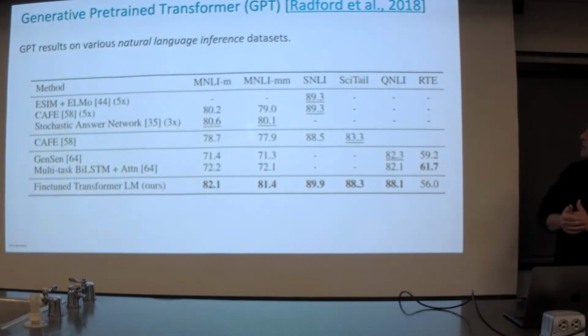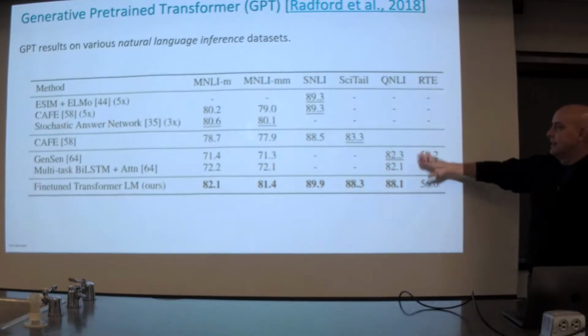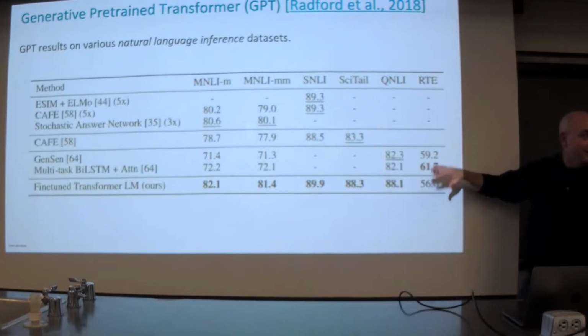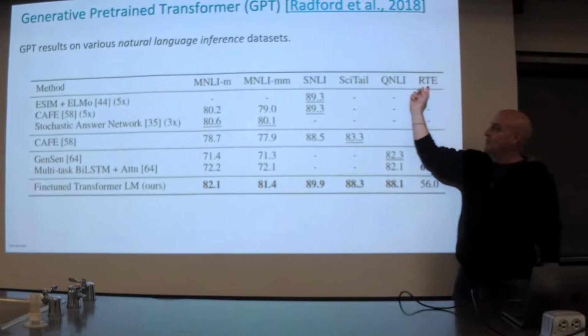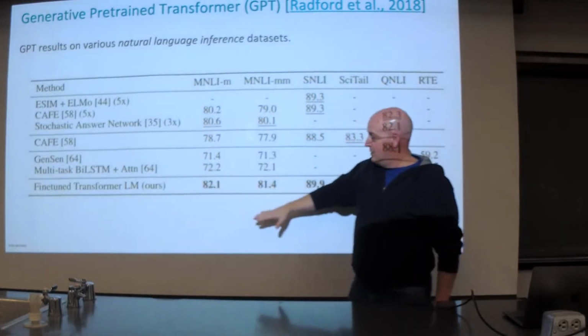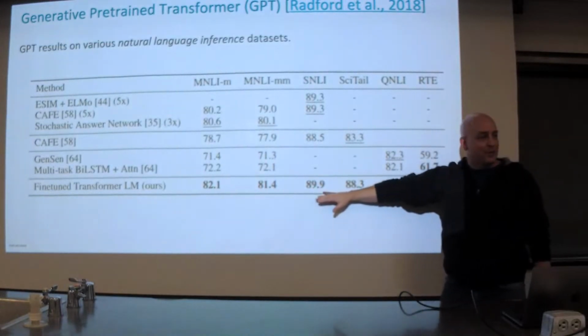In the paper from 2018, they show that, and this is the most common format for all machine learning papers, you have your tasks, you have all the other methods that came before you, and somehow you're way better, and that's shown by the bold numbers here.